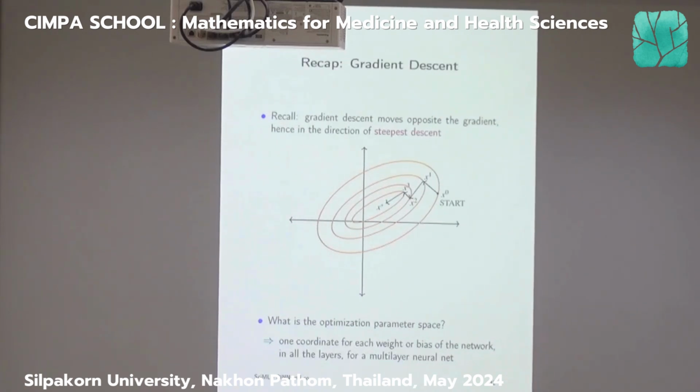We cannot do it just with a simple regression. A simple regression will never capture the complexity of the relation that's described by the physics. So the optimization parameter space is the space of weights, these are the W's. Okay, in the simple case of linear regression, it's just beta 0, beta 1, beta 2. But I'll show you very quickly afterwards. In neural networks, it becomes much more complex.